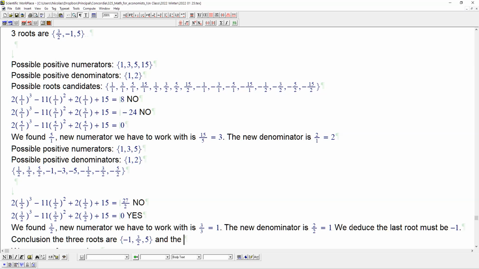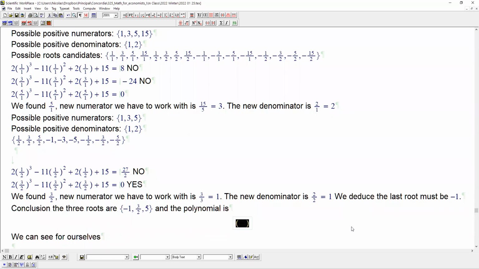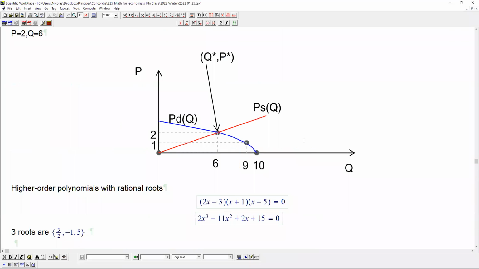And the polynomial is, so x plus 1, x minus 3 over 2, and x minus 5. Was it what we had?